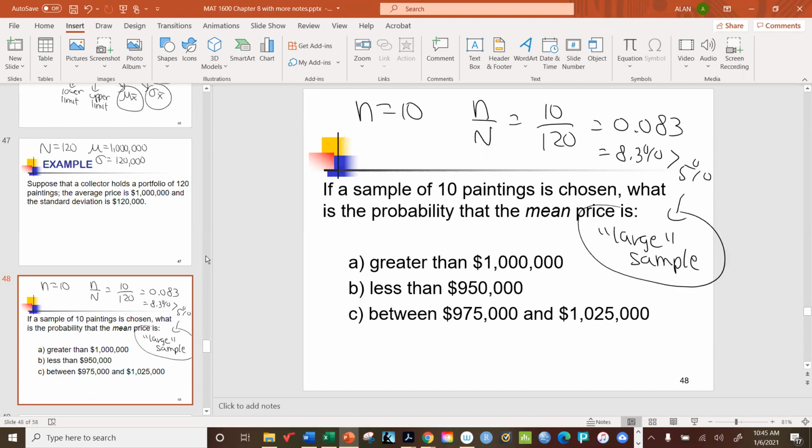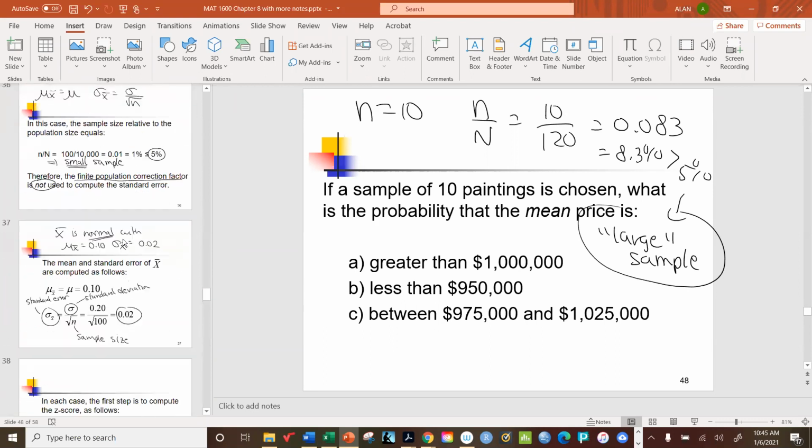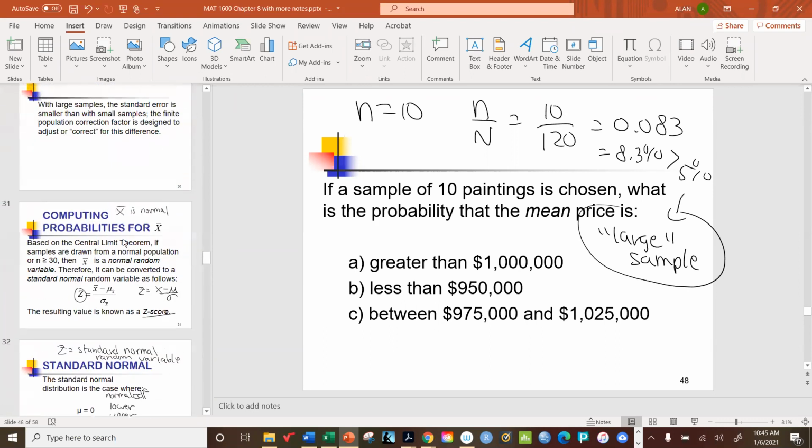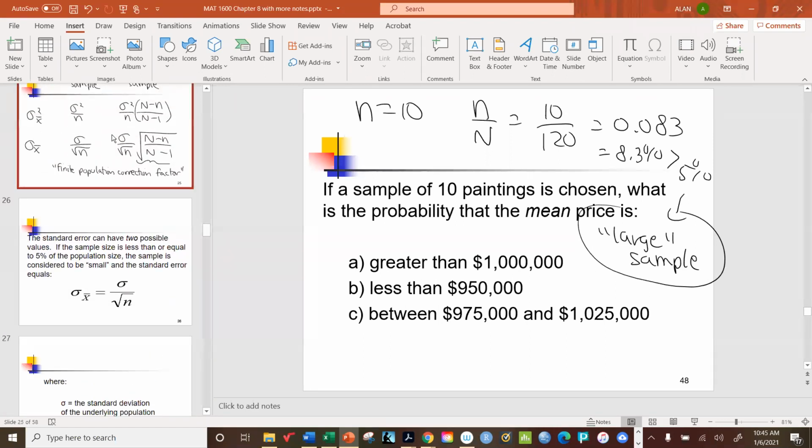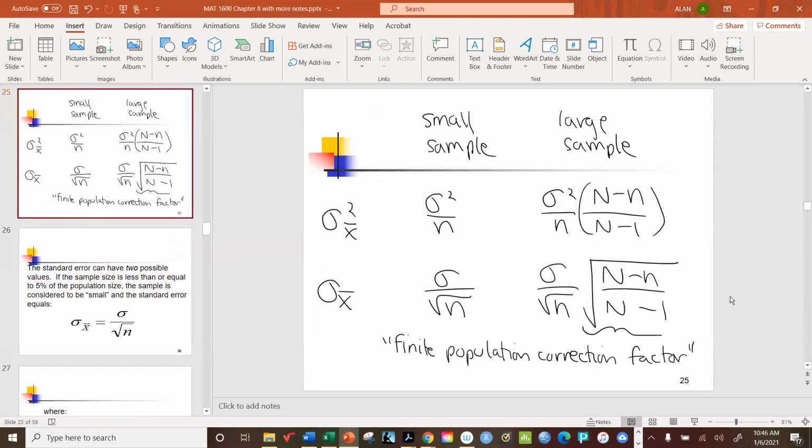What do we do now? All right, not a problem. If you recall, let's go back and revisit my little chart here. That means that we must now incorporate this finite population correction factor. This is the case on the right. In other words, the last example we were looking at was based on this column on the left.